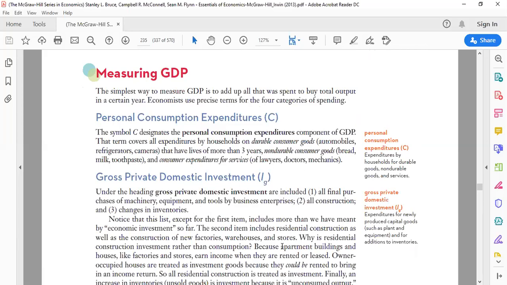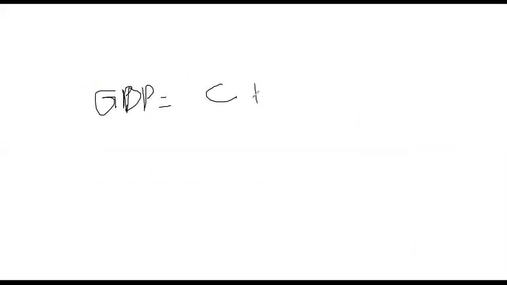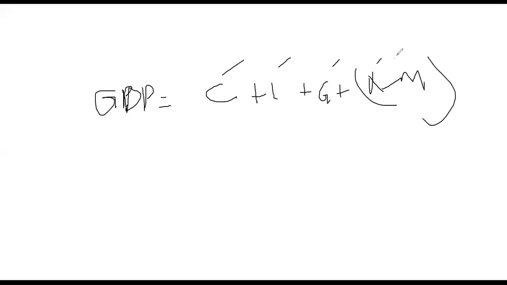The expenditure method of measuring GDP is based upon this model: consumption, investment, government spending, exports and imports.